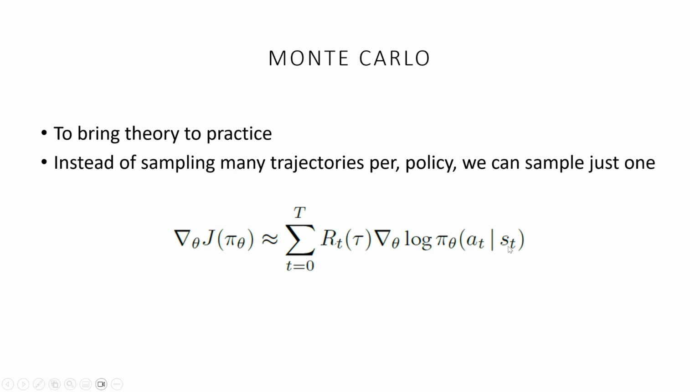So we just have the return for this episode at each time step. So we can calculate the returns for each time step and multiply it with the probability. And that gives us an expectation by summing over it. And we perform the update step.